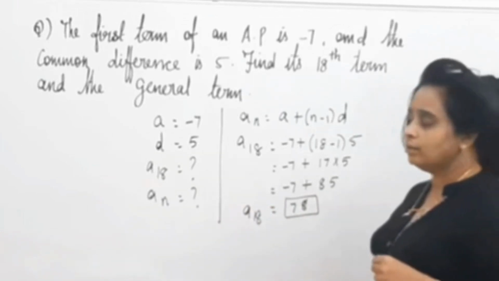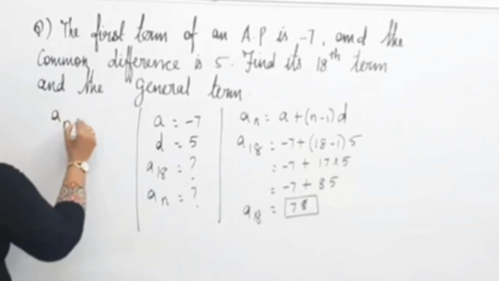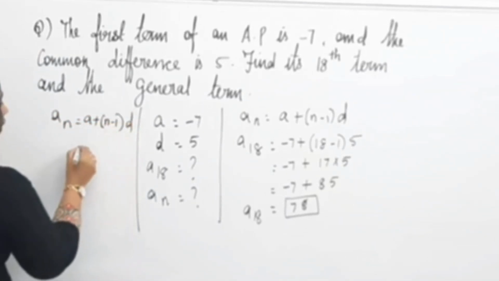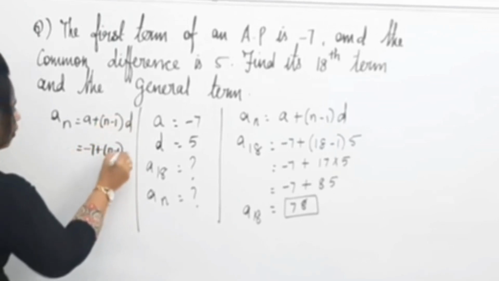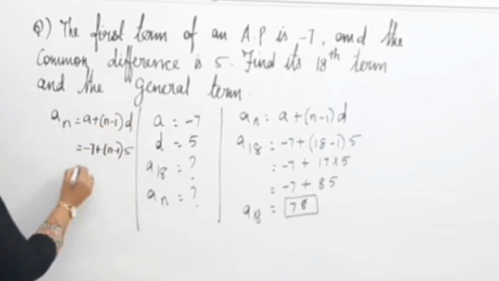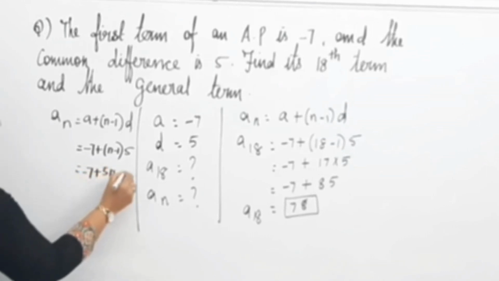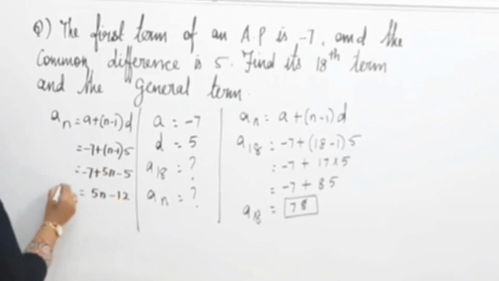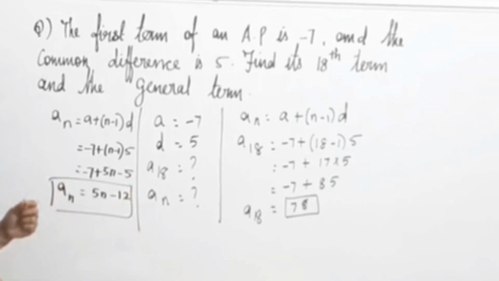Now I want my AN. So AN is equal to A plus N minus 1 into D. A I know, minus 7, plus N minus 1, and D I know it is 5, which is equal to minus 7 plus 5N minus 5, which is equal to 5N minus 12. So my general term is 5N minus 12.